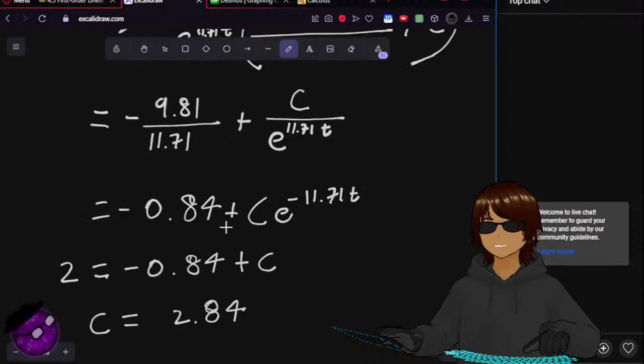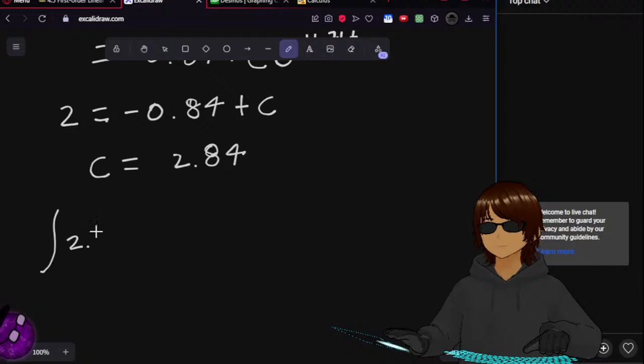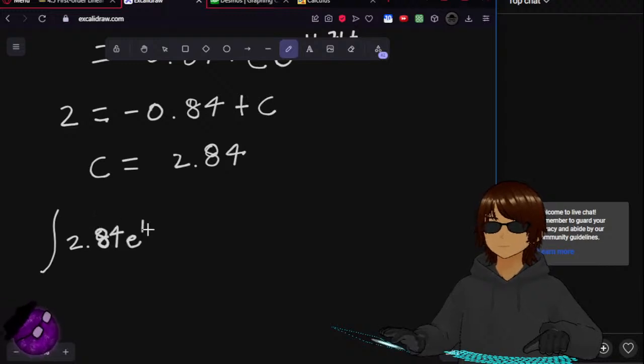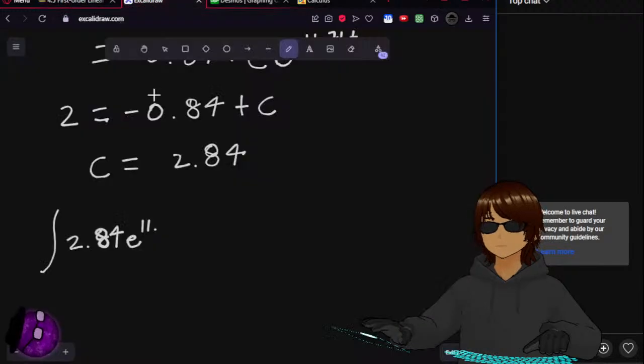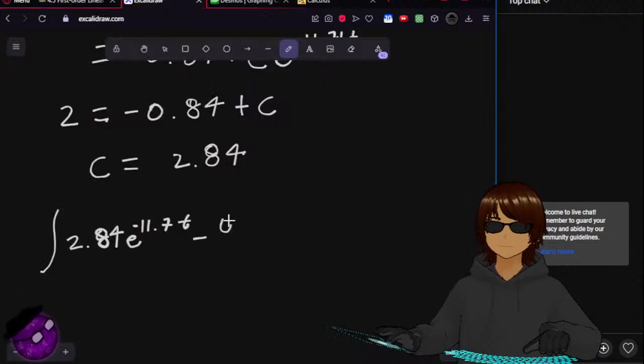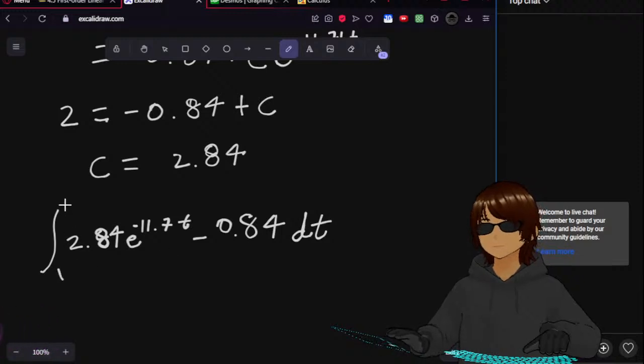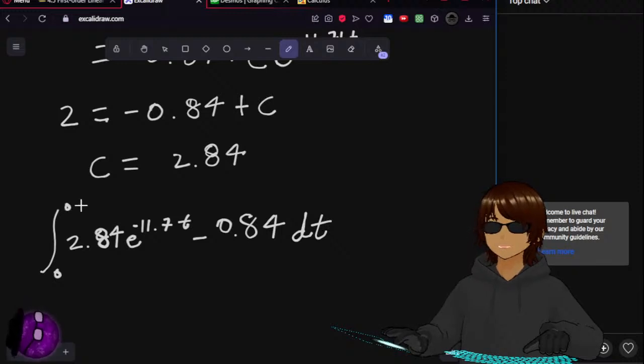So the integral of, what's the formula? 2.84 e to the power of negative 11.71t, from t is equal to 0 to t is equal to 0.104.